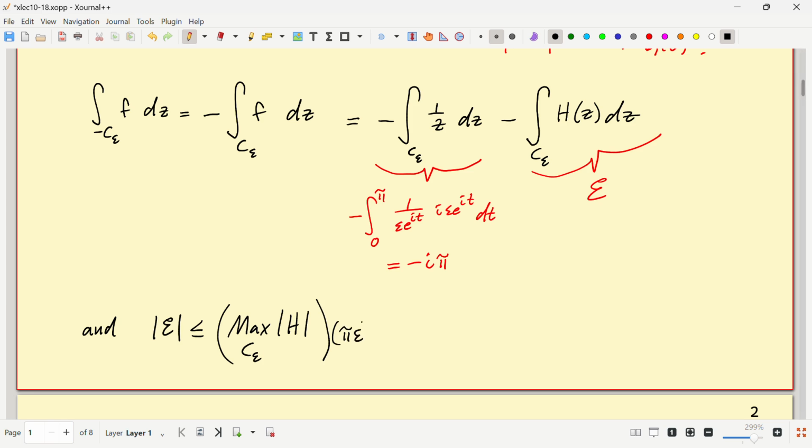It's half a circle. And so that's less than or equal to pi times m times epsilon when epsilon's less than 1. And that goes to 0.